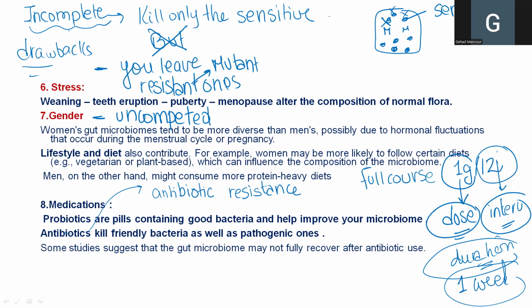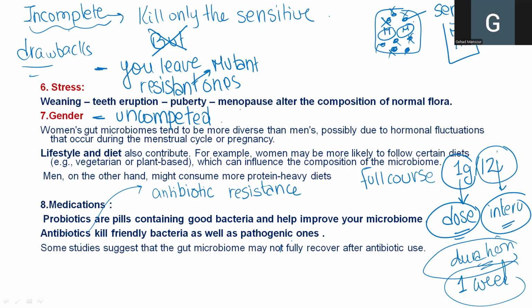And then when you kill those sensitive bacteria, there remains only the mutant bacteria. And the mutant bacteria will flourish and increase in number, so that by the end of the course, the mutant bacteria will represent the majority, and they reproduce very rapidly because they are uncompeted.